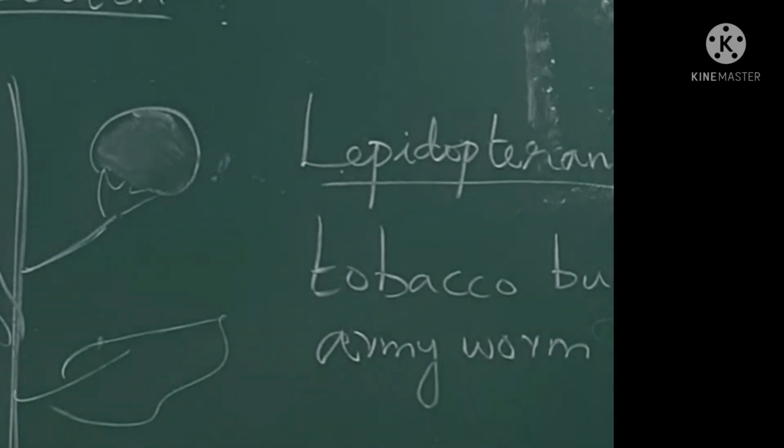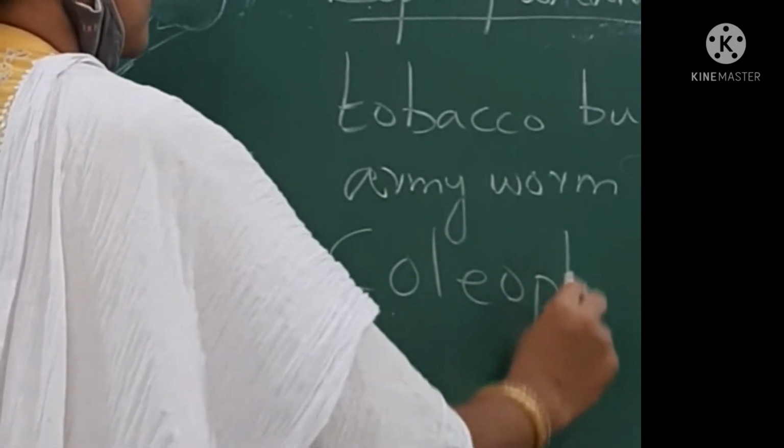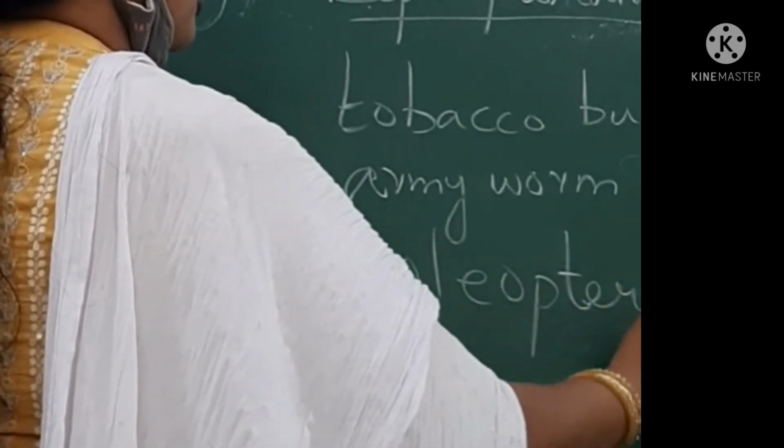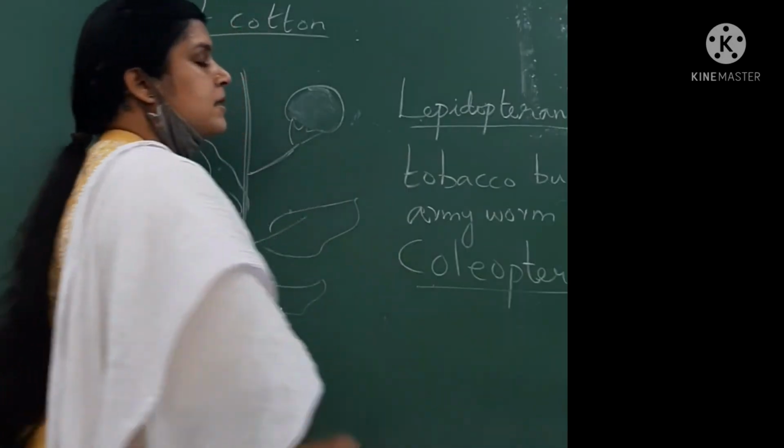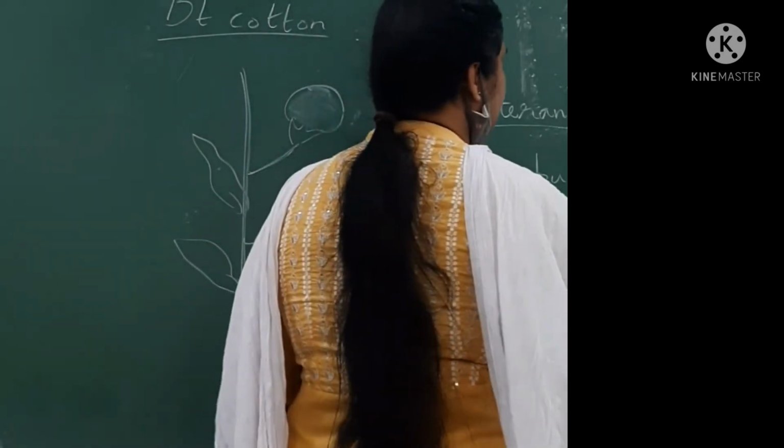And some bugs and beetles are also there. They belong to the order Coleoptera. That's why they have written Coleopterans there. Coleopterans means beetles.